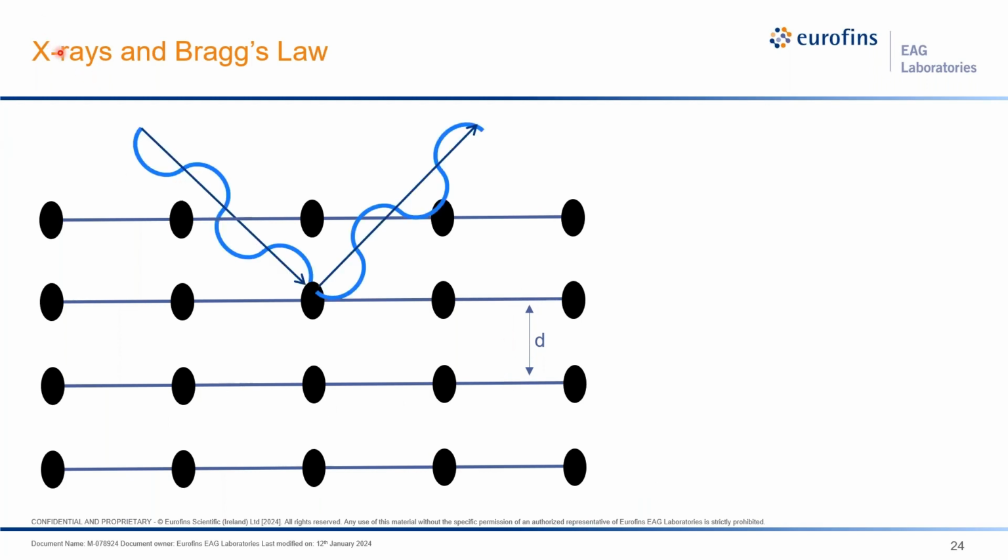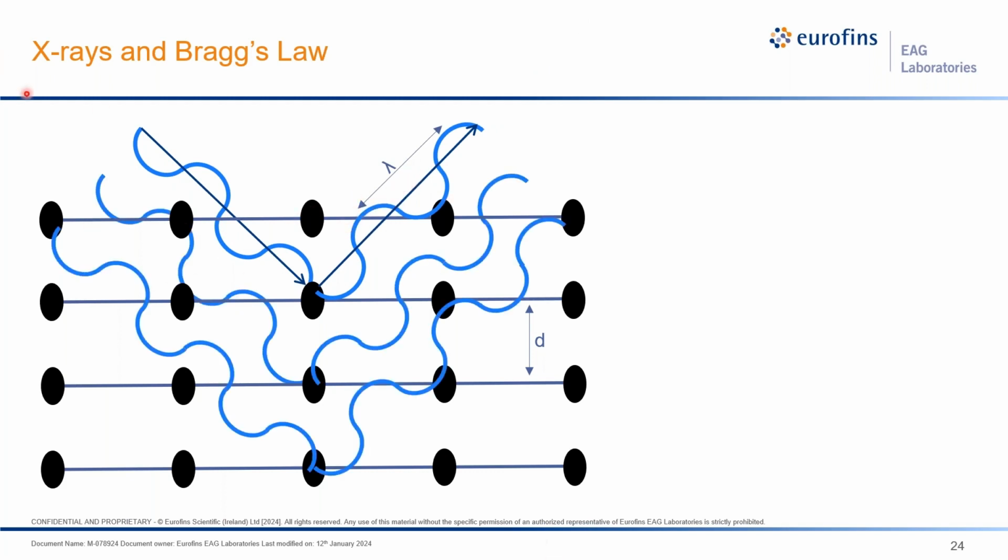Now, what we do is we introduce X-rays, and the X-rays come in and then they diffract out. And you'll see here that this is 1 wavelength long. Now we add a bunch more X-rays. The fun part about this is that if you continue these lines down here, we can mark and see that for each increasing D spacing, you add half a wavelength to both the incident and diffracted side of the beam.